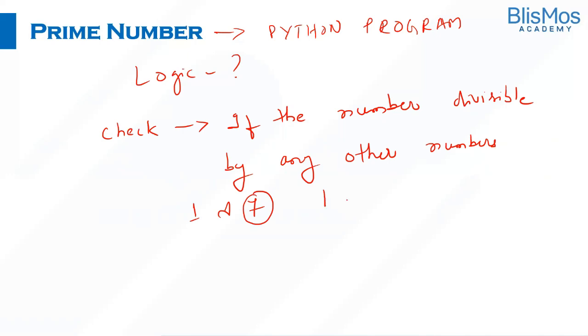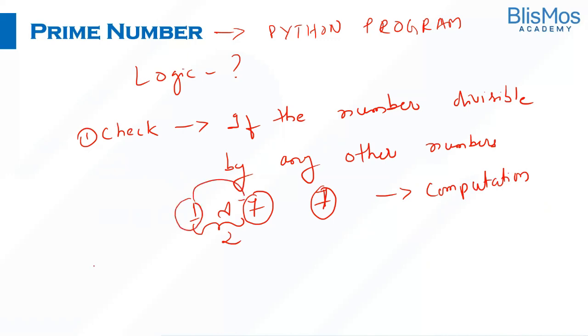So I need to check whether 7 is divisible by any numbers between 1 and 7. That is the first thing. So that is a computation. The computation part is I need to check if the number provided by a user is divisible by any numbers between 1 and itself. And in order to do that, I need to iterate through all the numbers. How do you iterate? By using a loop.